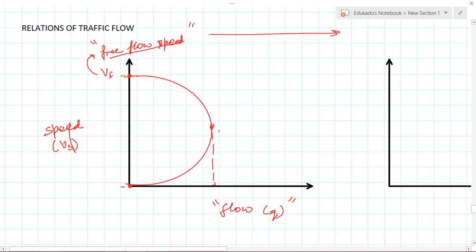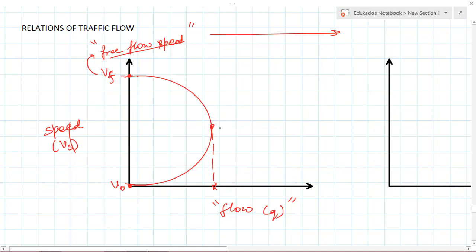So over here will be the maximum flow, and this maximum flow will be at speeds between V0, that is, no speed at all, and the free flow speed. So it will lie somewhere in between, because it cannot exceed this value and cannot go below this value.